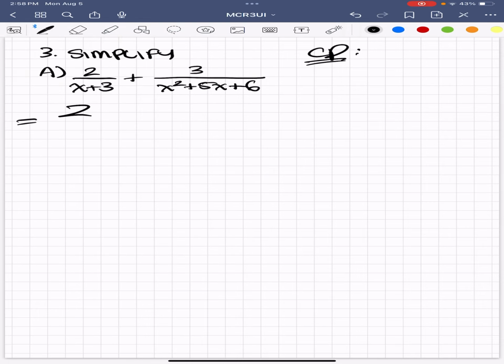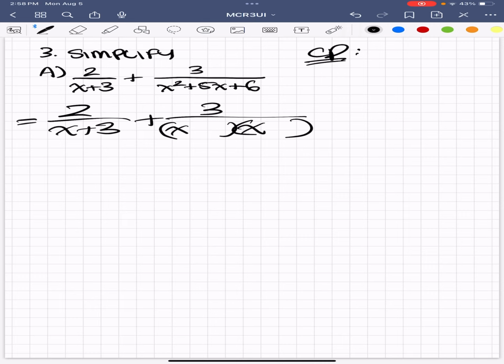First things first, we have x squared plus 5x plus 6, which factors into brackets x plus 3 and x plus 2, because x multiplied by x equals x squared, 2x plus 3x equals 5x, and 3 multiplied by 2 equals 6.